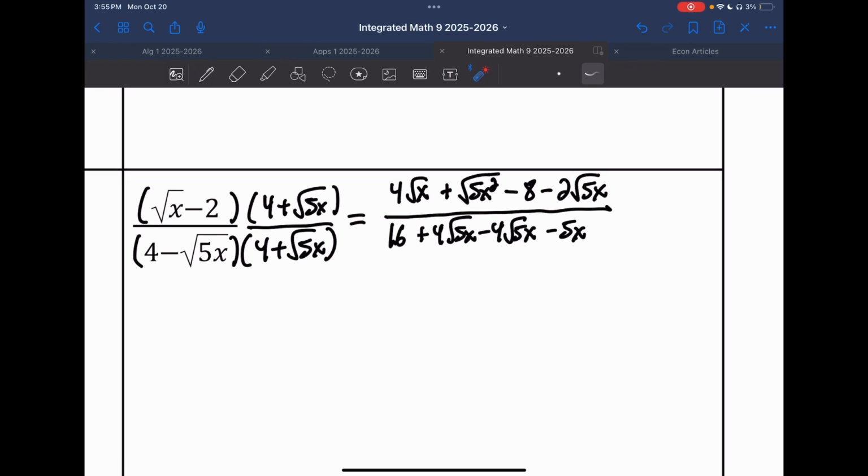Because that would be root 5x times root 5x, which would be root 25x squared, or just 5x.